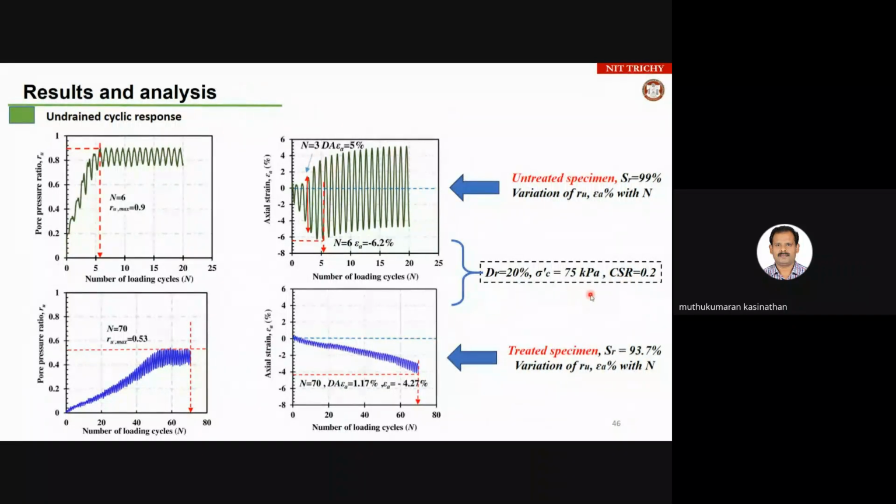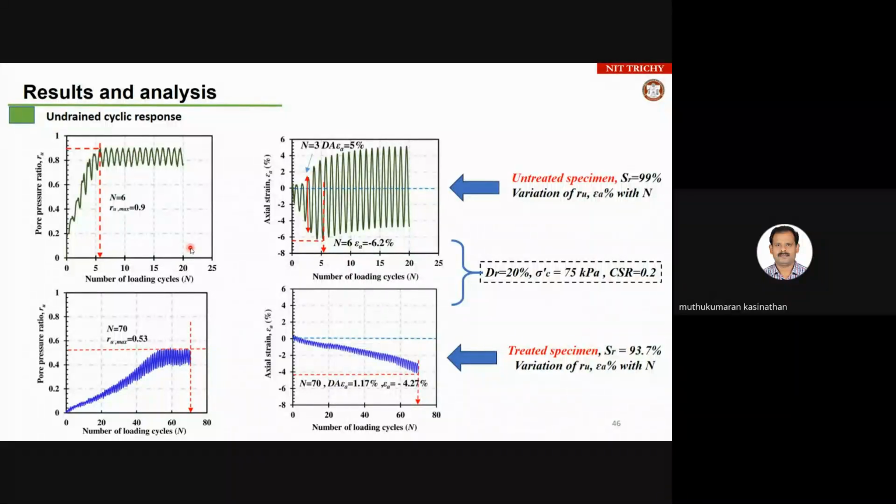So now we are trying to introduce the real earthquake force on the soil. The untreated soil specimen is almost close to 100% degree of saturation. With respect to this cyclic mobility, we noticed what is happening during the process at a CSR of 0.2.